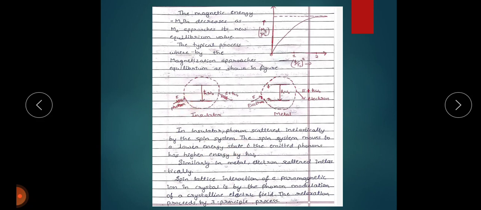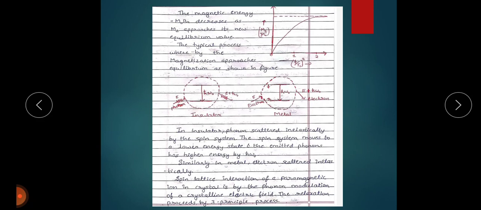The phonon which takes the energy h nu naught goes from the lower energy state to the upper energy state.